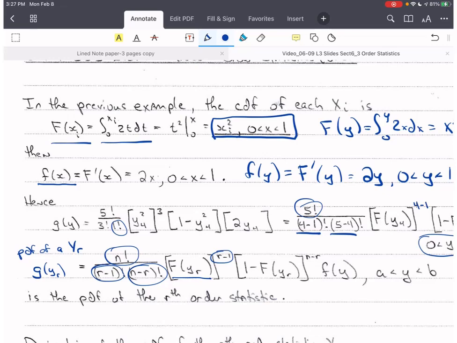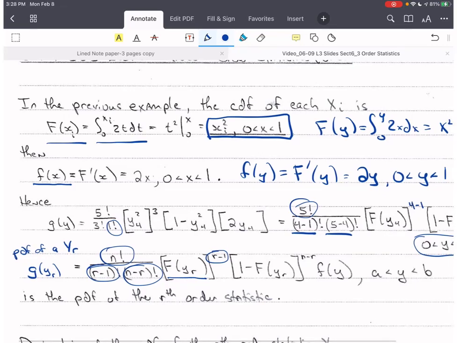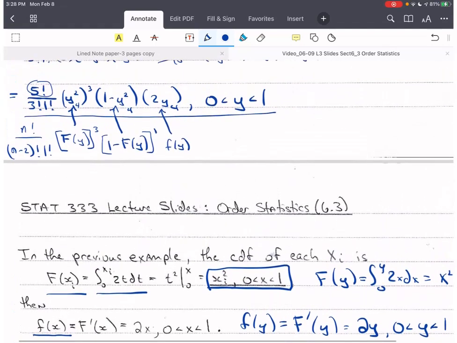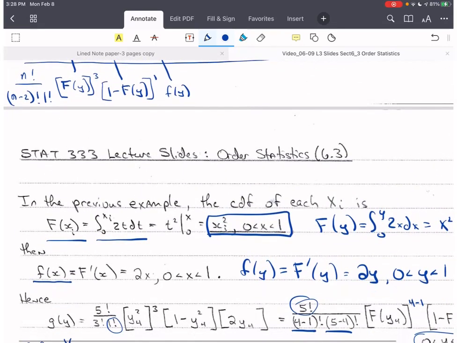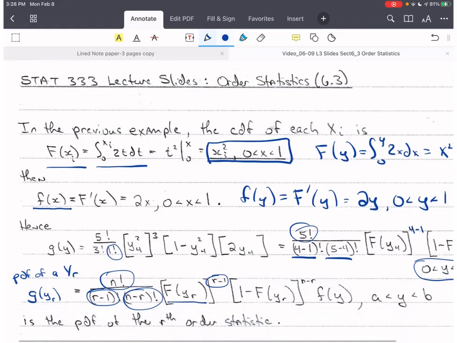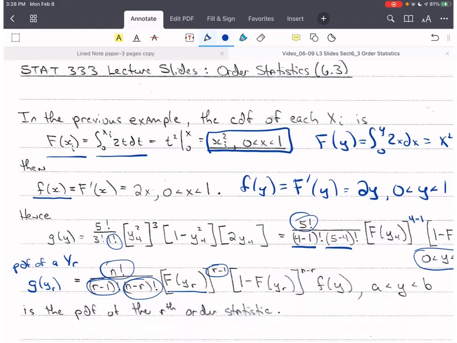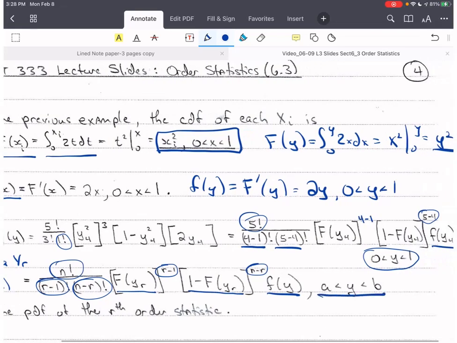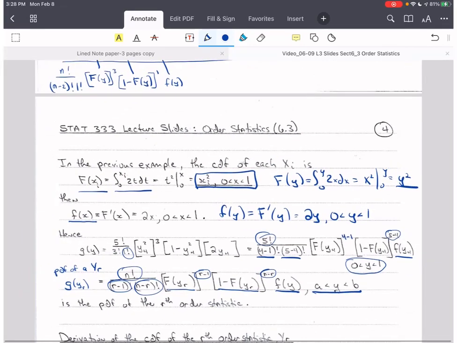And then, is this r minus 1 or n minus 1? Yes, r minus 1. Yep. And then 1 minus the CDF raised to the n minus r, and then times the PDF, and y is on some interval a to b. Okay? So this is a formula.